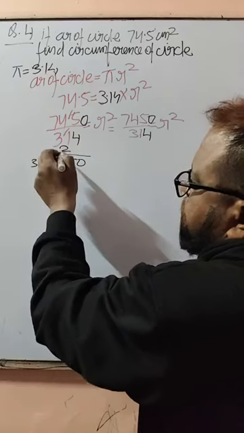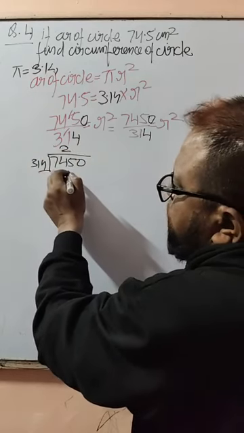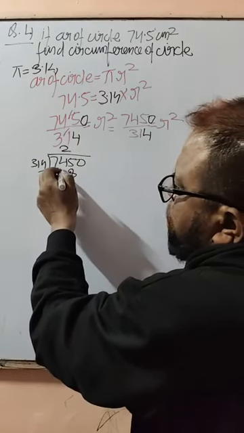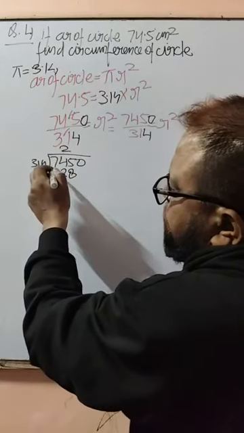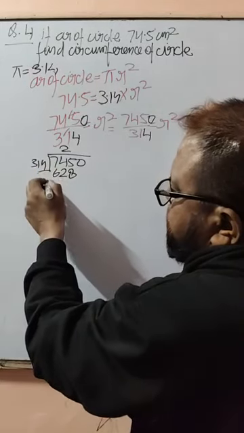Multiplied by 2. 2 times 4 becomes 8. 2 times 1 becomes 2. 2 times 3 becomes 6.